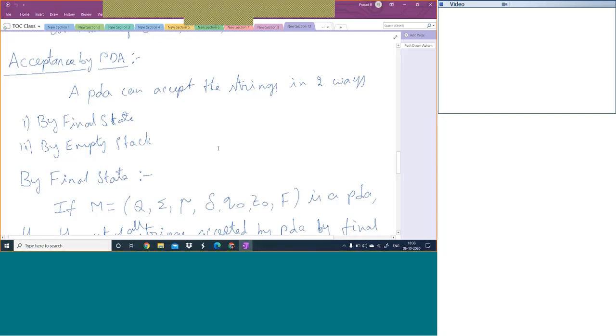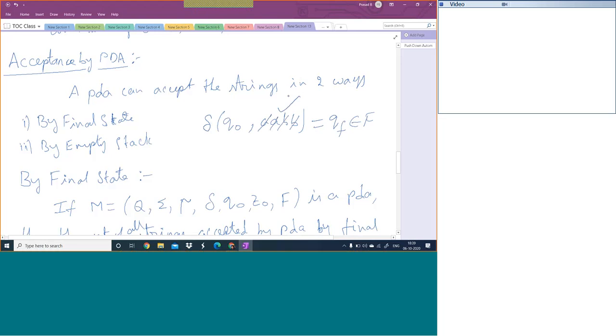Okay guys, listen. In the case of finite automata, it has to start from the initial state. It has to scan the input string completely, and when the machine stops, it has to stop in a final state. Then the string is said to be accepted.